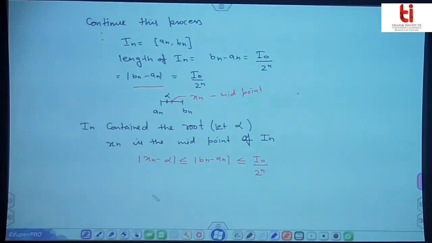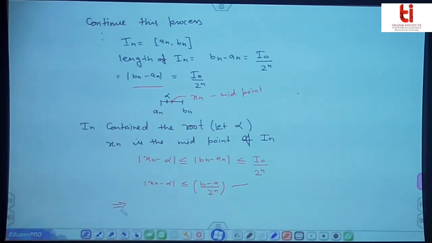So we can write xn minus alpha is less than or equal to b minus a upon 2 raised to power n. So this is called the upper bound for xn minus alpha.